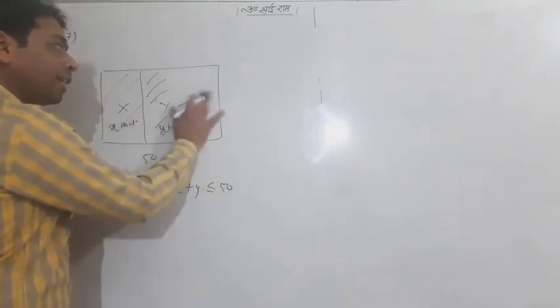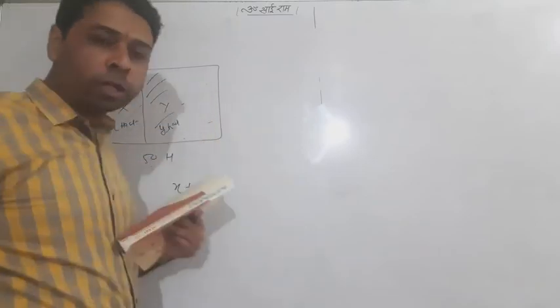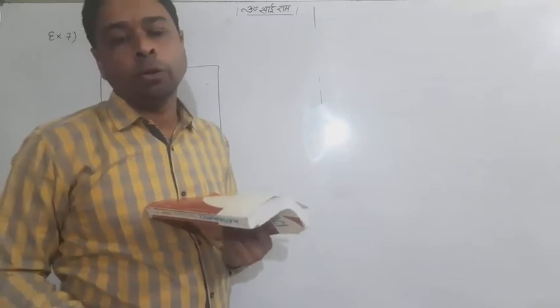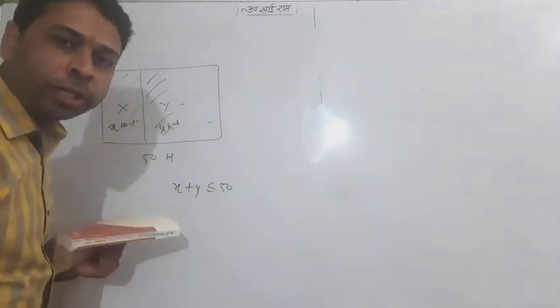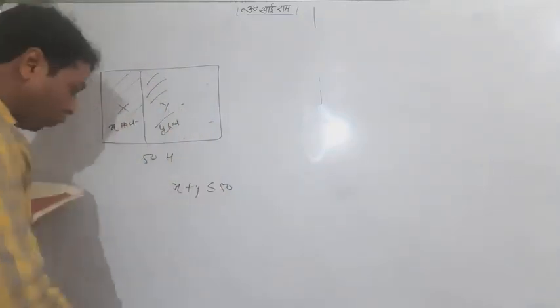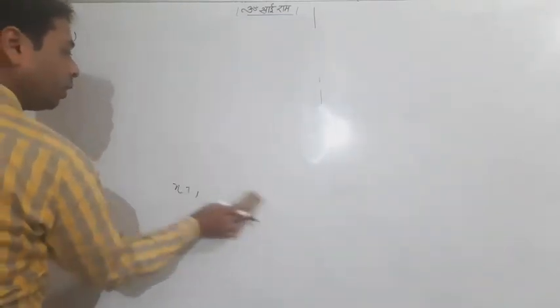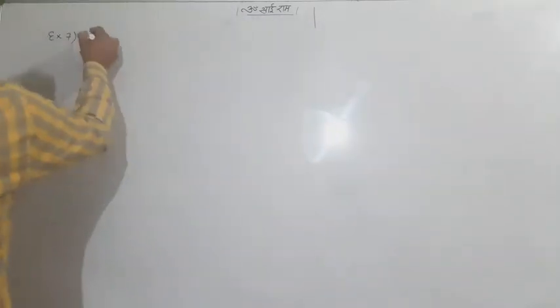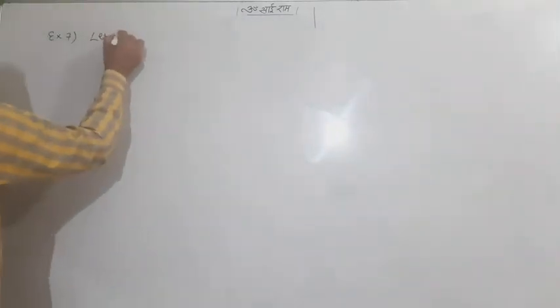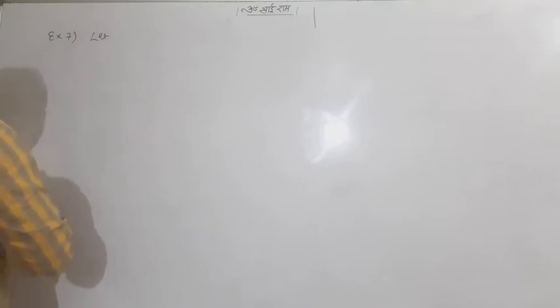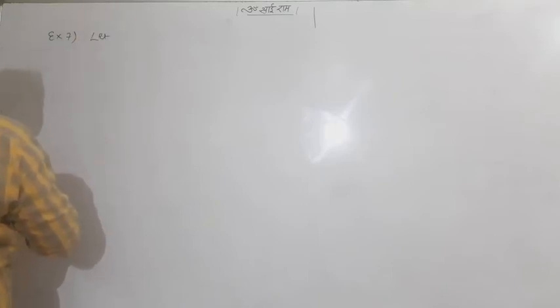Meaning a farmer can use the whole land for both crop X and Y, or a partial part of the 50 he or she can use for both crops. Okay, so the first inequality you can get from here. So I'll start the problem from here. The question says how much land should be allocated to each crop.